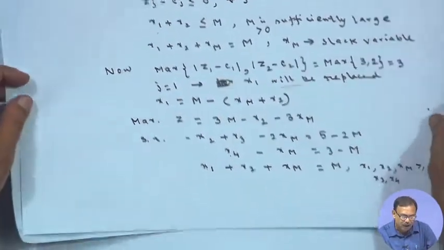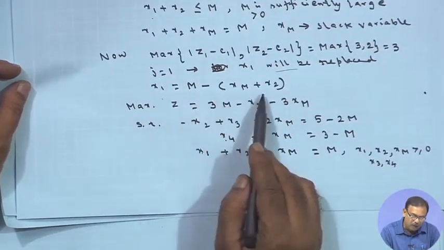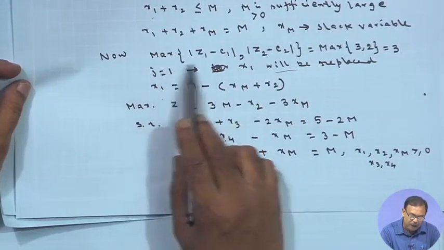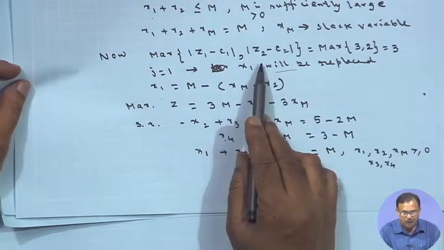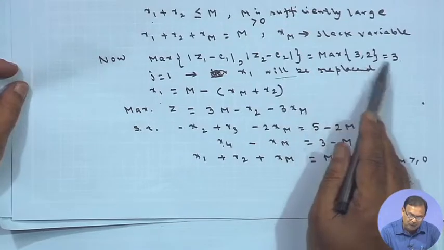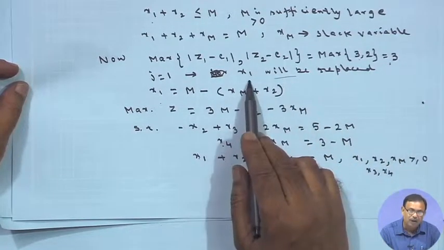After that you reformulated the problem by replacing one variable, x1 over here. How we derived whether it will be x1 or x2 depends on this: the maximum of the absolute values of z1 minus c1, z2 minus c2. From there I am finding the maximum value is 3, which corresponds to the variable x1.